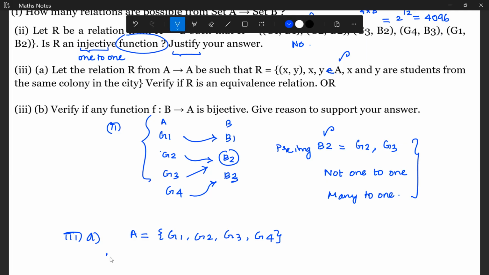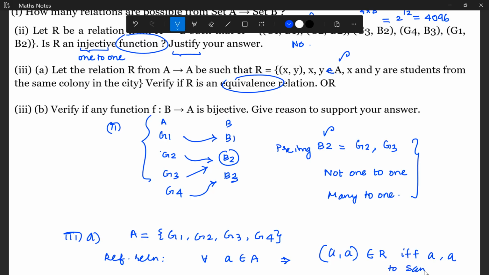So what I'm going to do is write this as, let's say this is reflexive. They're asking us to verify whether it's an equivalence relation. So, reflexive relation: for all a belonging to parent set A, the relation is defined by R is the set of all (a, a), or we can just write it as (a, a) belongs to R if and only if a and a belong to the same city.